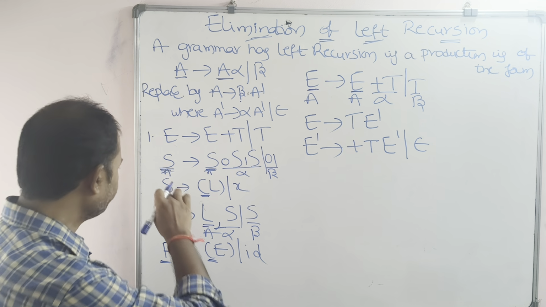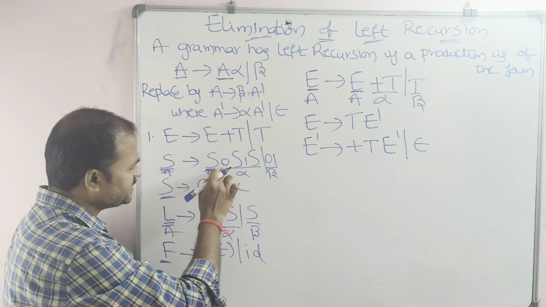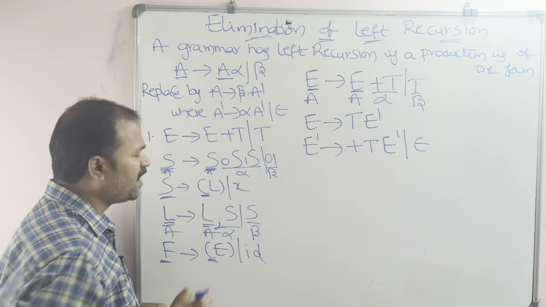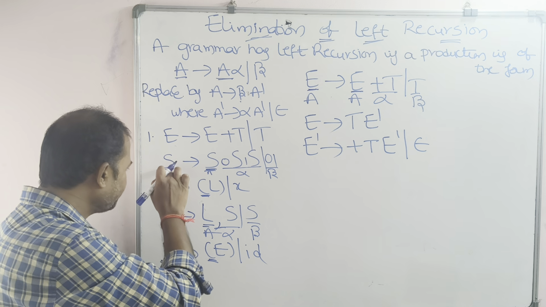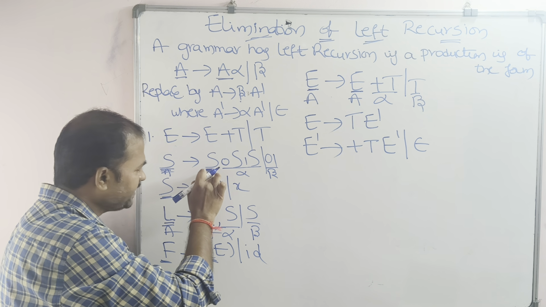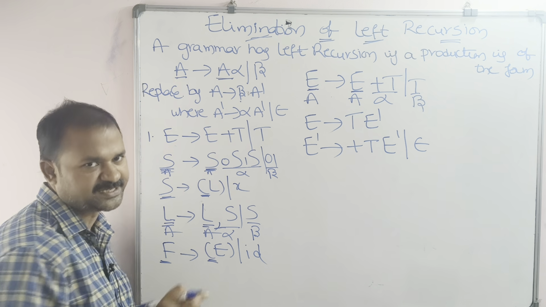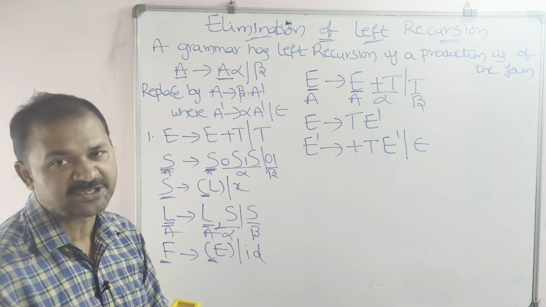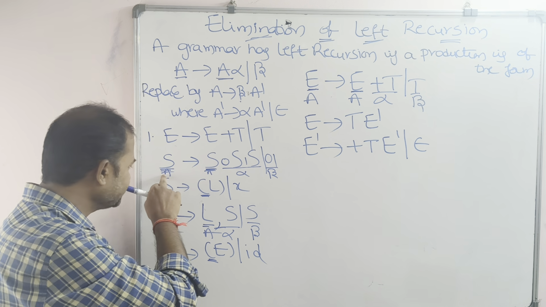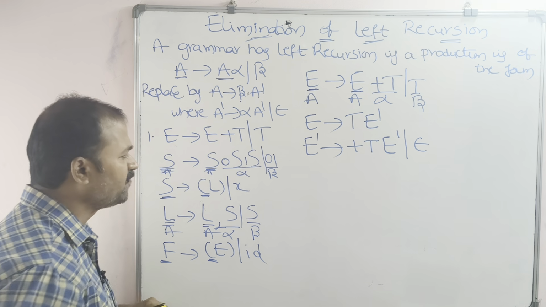Let's see the next production. S produces S0S1S | 01. Here the left-hand side non-terminal is S, and the right-hand side also starts with S. Both are the same, so we can say that this production has left recursion. This is in the form A produces Aα | β.